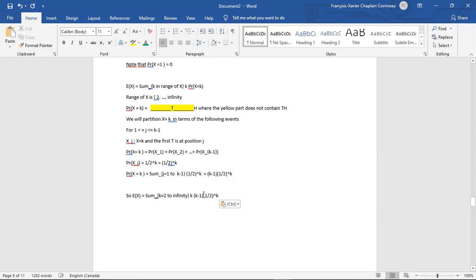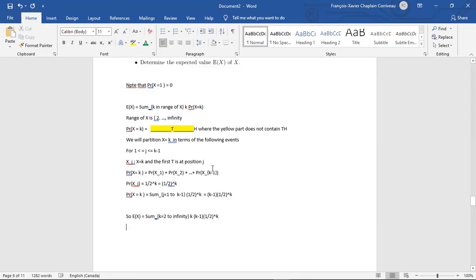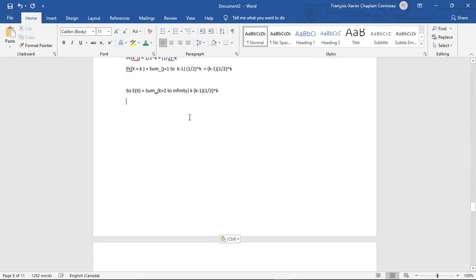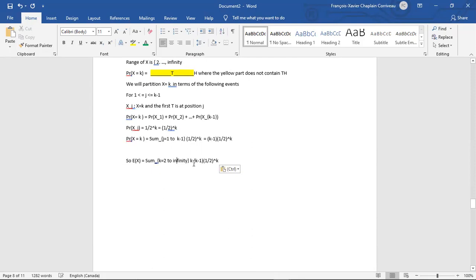Now when you look at that, you start crying because it's not very nice to deal with. So you could use Wolfram Alpha to simplify this thing, and we would be done. So this question is a bit more tricky than I thought, but there is a shortcut around this.